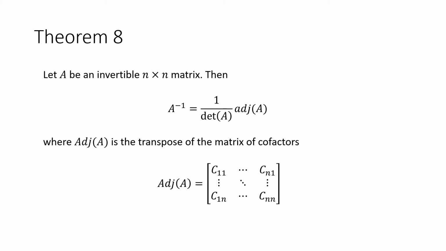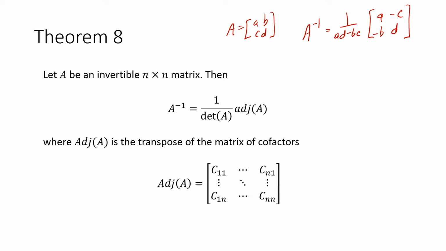Now we saw that when you have a 2 by 2 matrix A equal to [a b; c d], the inverse is 1 over ad minus bc times [d, negative b; negative c, a], like that. So this can be generalized to larger matrices.